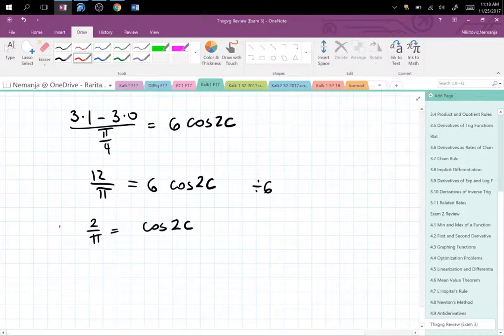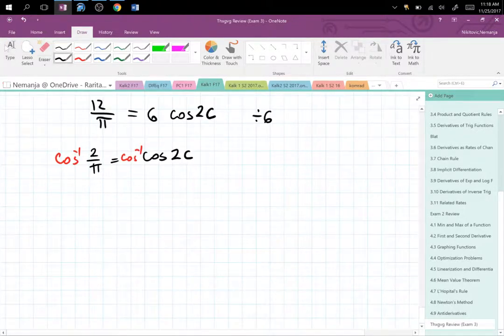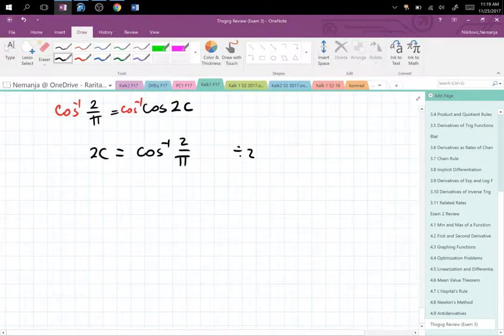You hit both sides with the inverse cosine to kill the cosine, and you get that 2c is equal to the cosine inverse of 2 over pi. Divide both sides by 2, and there's your value of c. It's 1/2 cosine negative 1 of 2 over pi.